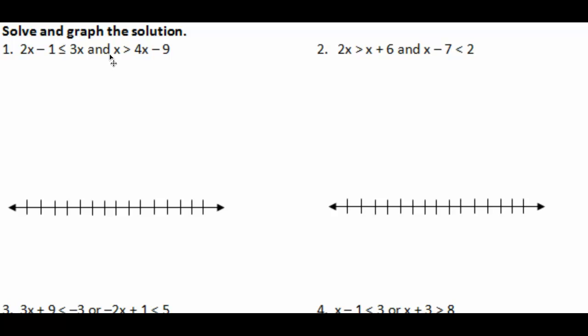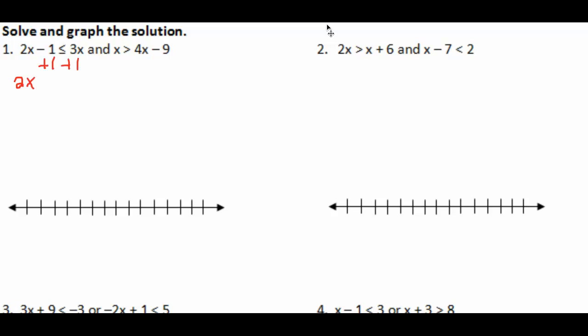So what we're going to do is solve and graph, and you're going to do it exactly like we did the other day, except for now, what we're going to do is solve for each individually. So you add 1 to both sides.